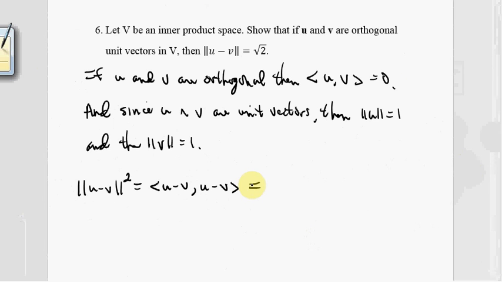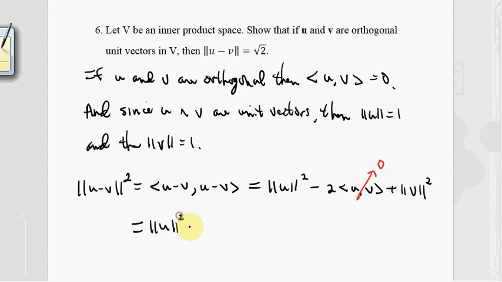That's equal to the norm of U squared minus 2 times the inner product of U and V plus the norm of V squared. What's the inner product of U and V? It's 0 because they're orthogonal.